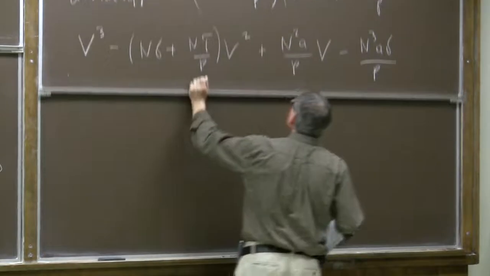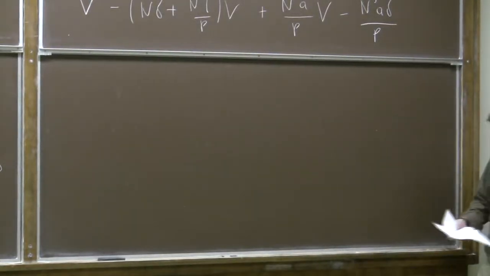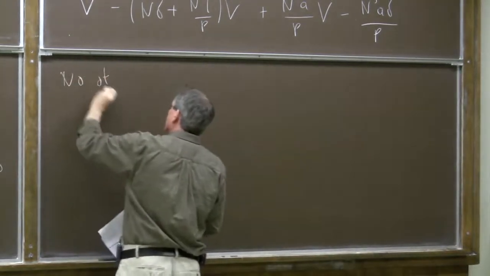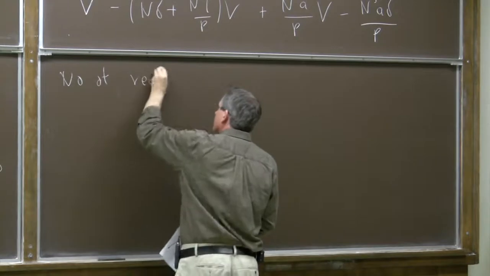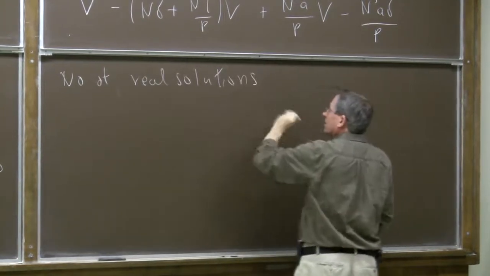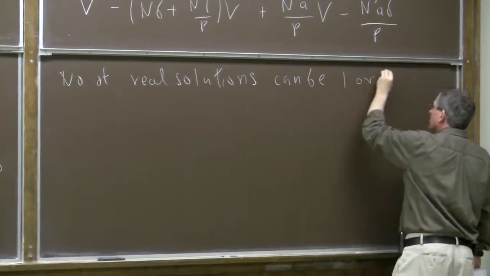Now, a cubic equation can have either one real solution or three real solutions. It can be 1 or 3.